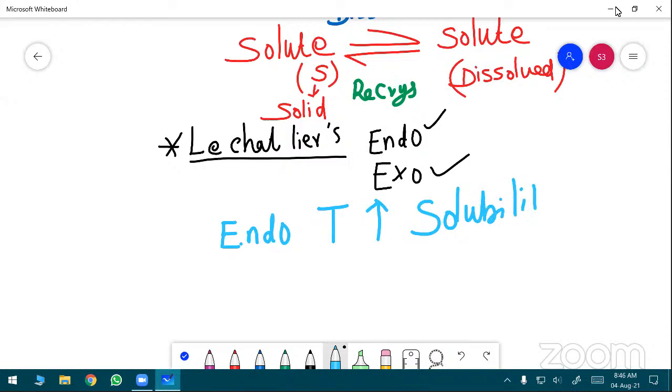In an equilibrium process, if one direction is endothermic, the opposite direction should be exothermic. If I consider the forward direction endothermic, meaning heat is absorbed during the process, then the backward reaction should be the opposite: exothermic, where heat is released.